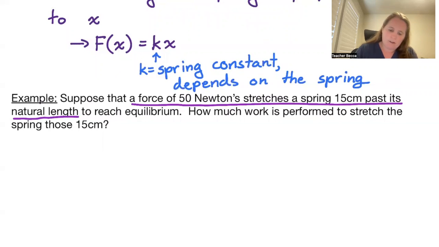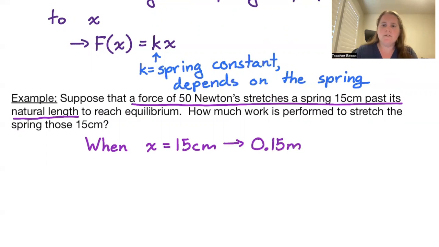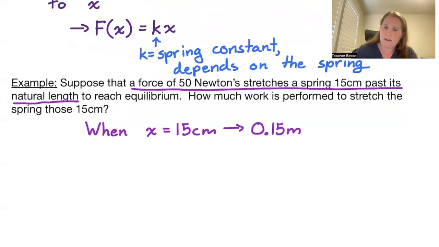So we have when x equals 15 centimeters, or in other words, 0.15 meters, F of x is equal to 50 newtons.